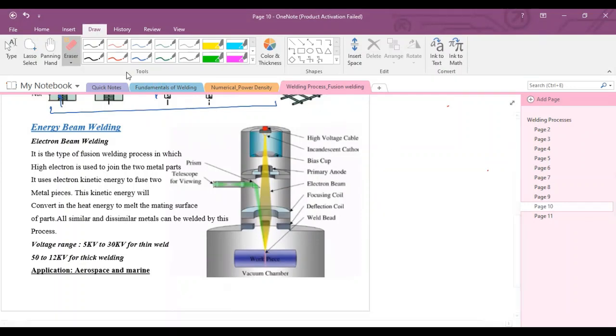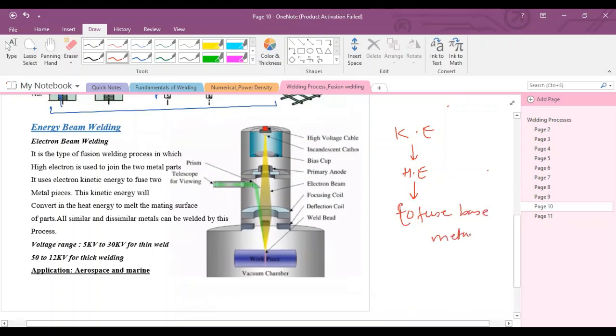In this process, the kinetic energy of the high energy electron beam is converted into heat energy, and that heat energy is used to fuse the base metal for the welding purpose.